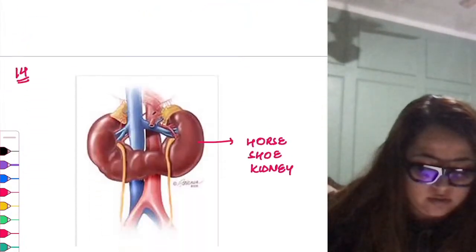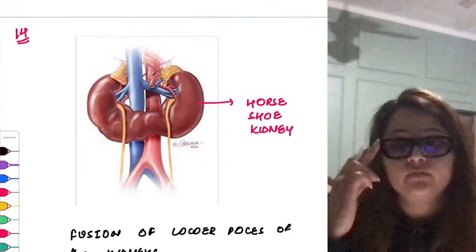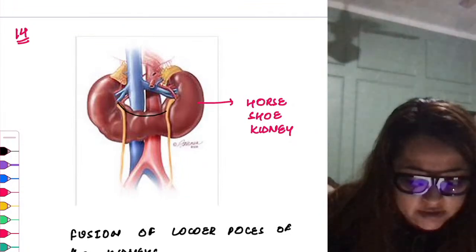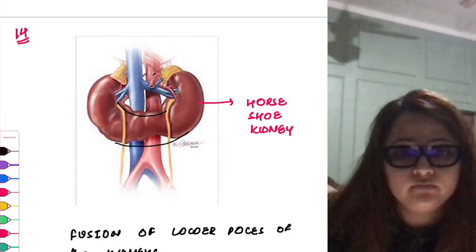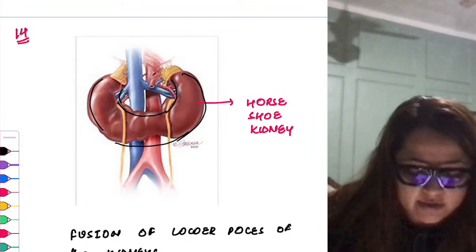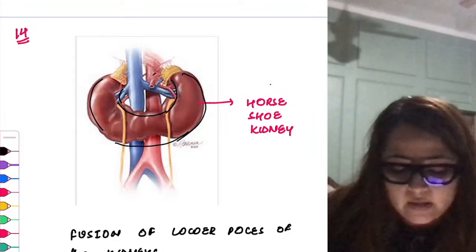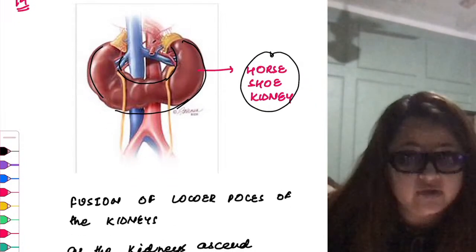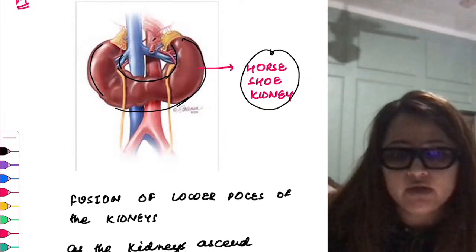Alright. Now look at this picture. We can see the inferior poles of both the kidneys, they are joined together. This gives the appearance of a horseshoe. So this is a horseshoe kidney. Now what is the relevance of horseshoe kidney? Number one, this is the fusion of the lower poles of both the kidneys.